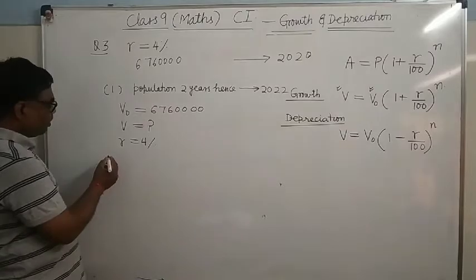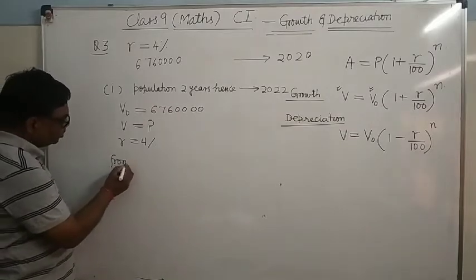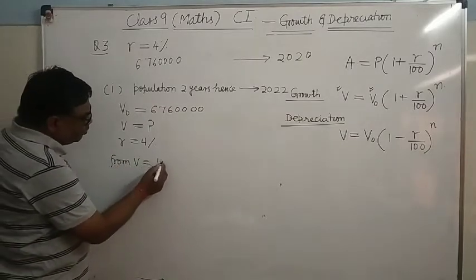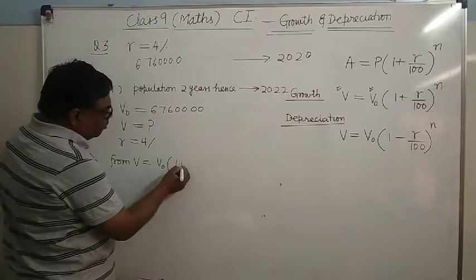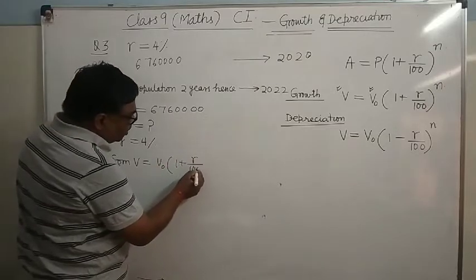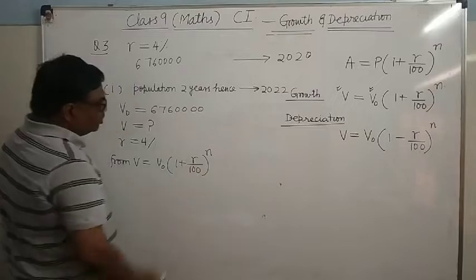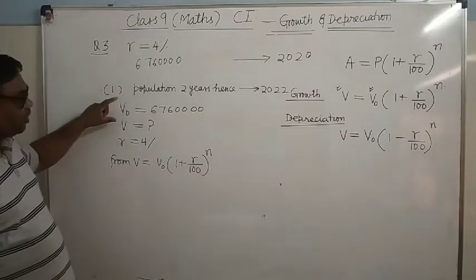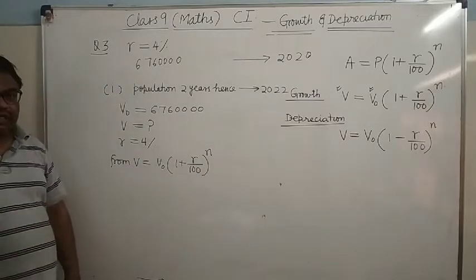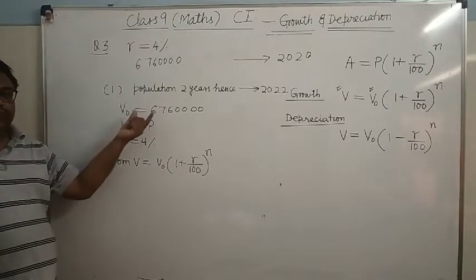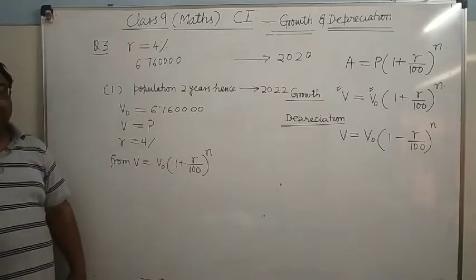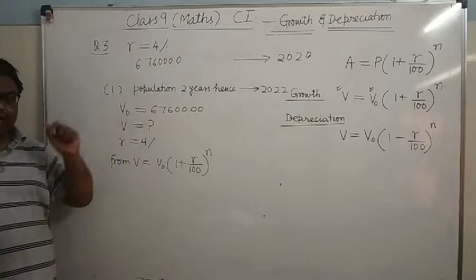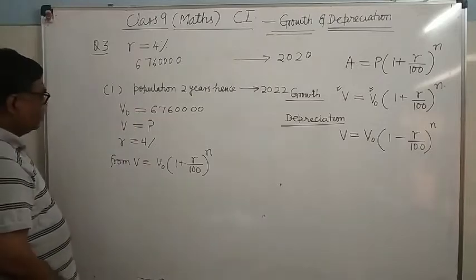So from the first formula, V equals V naught (1 plus R upon 100) whole to the power N. So you have to correctly recognize the values of V and V naught. Means which value is given and which you have to find. क्या दिया है और क्या हमको find out करना है.